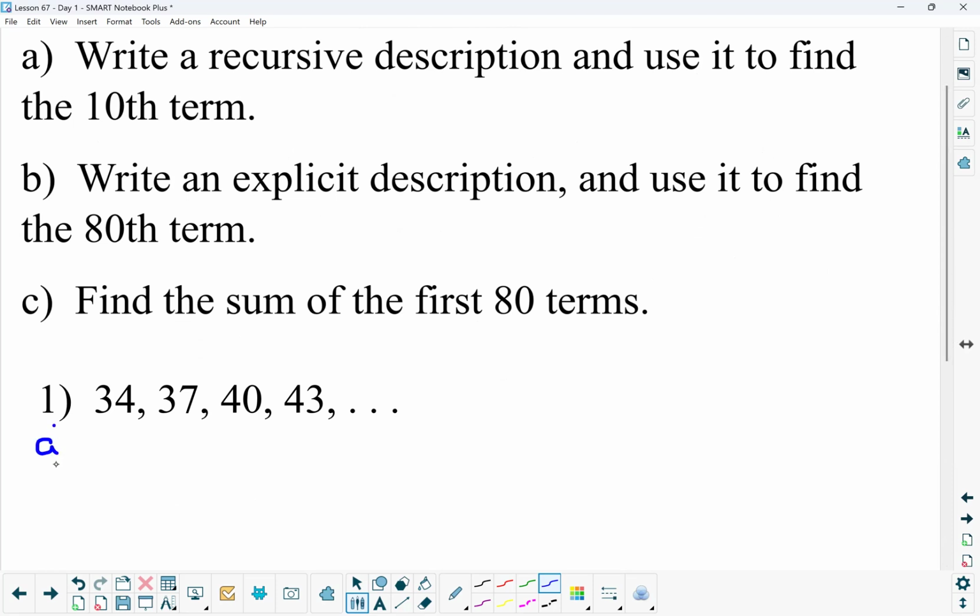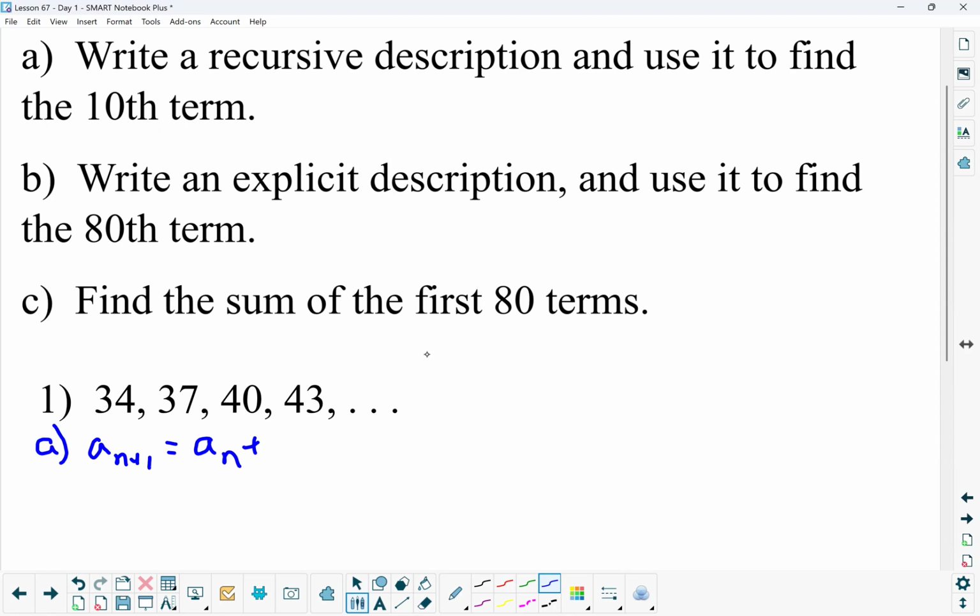Part A, our recursive definition. A sub n plus 1, and that will always be how we start a recursive description or equation, is going to be equal to A sub n, whatever our previous term was, plus our common difference. I can find the common difference by just taking any two consecutive values in my sequence.